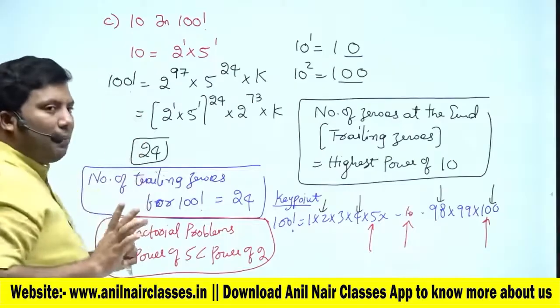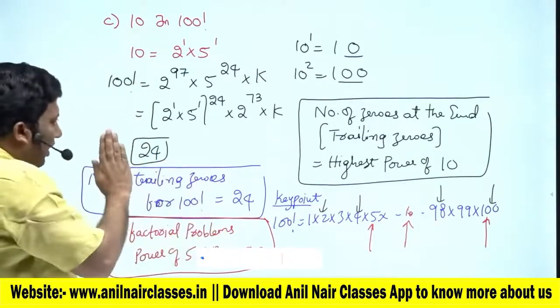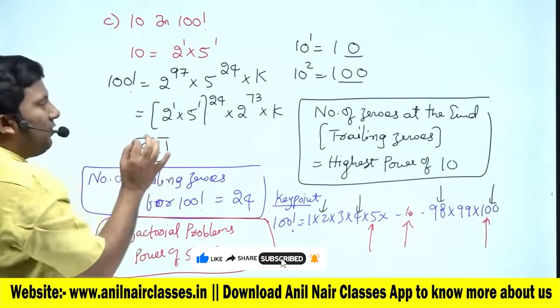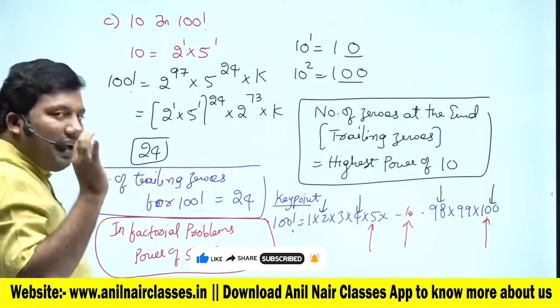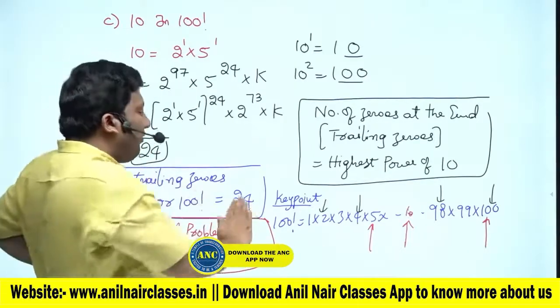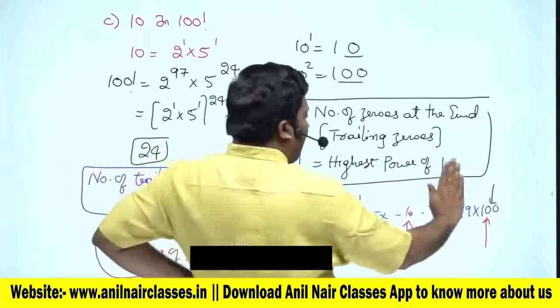Only for factorial based problems, number of zeros at the end, we will take the highest power of 5. Why are we taking only the highest power of 5? 100 factorial is 1 into 2 into 3 till 100.